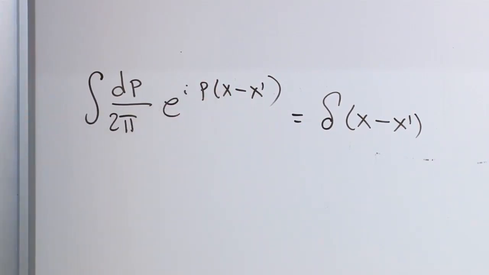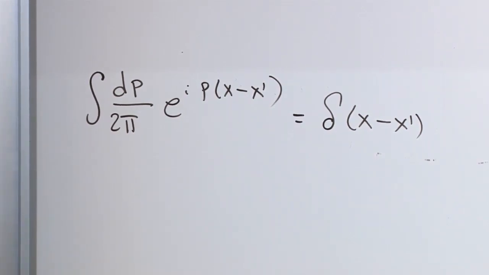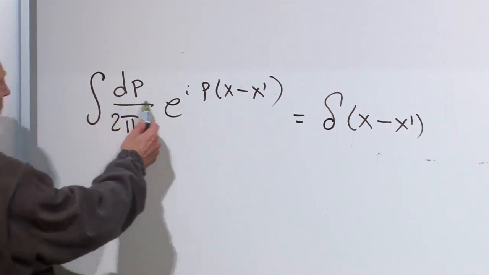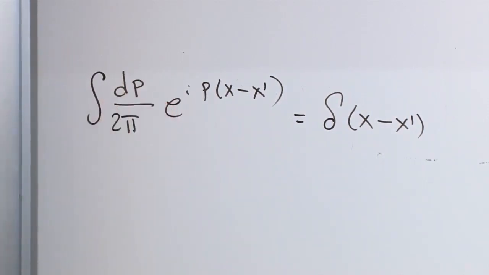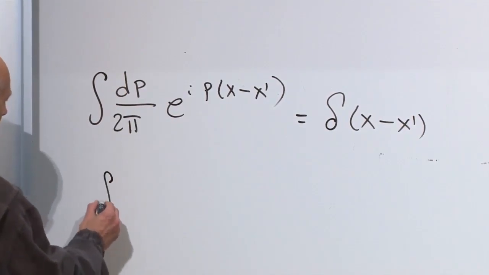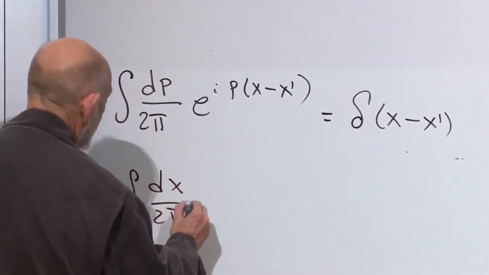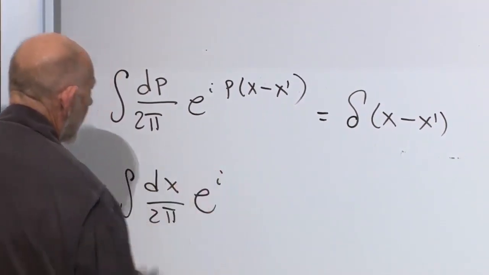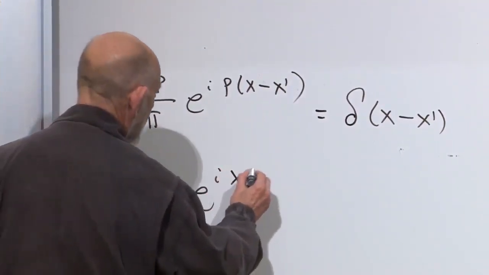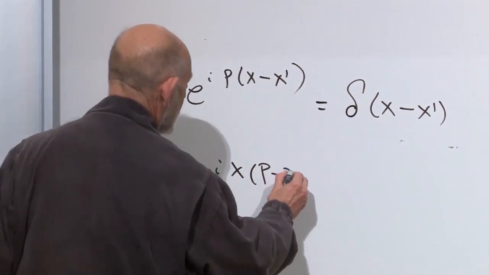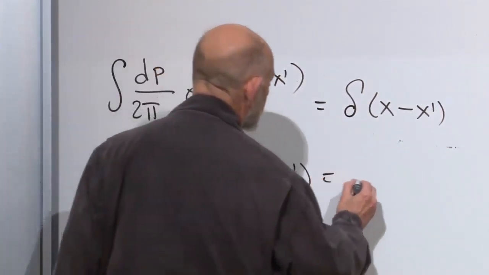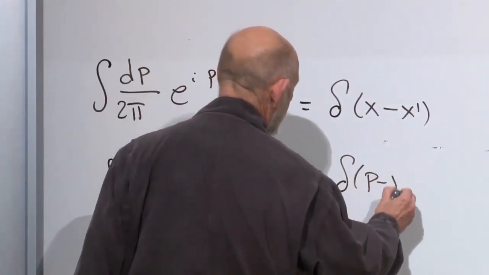We can also write this in another way. We're not writing the same thing, I'm writing a different thing, but just by interchanging x and p, I can write another equation: dx over 2 pi e to the i x of p minus p prime equals delta of p minus p prime.